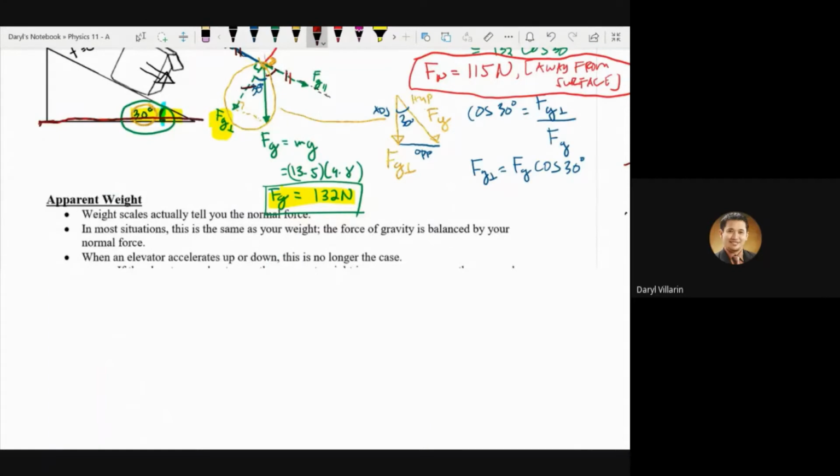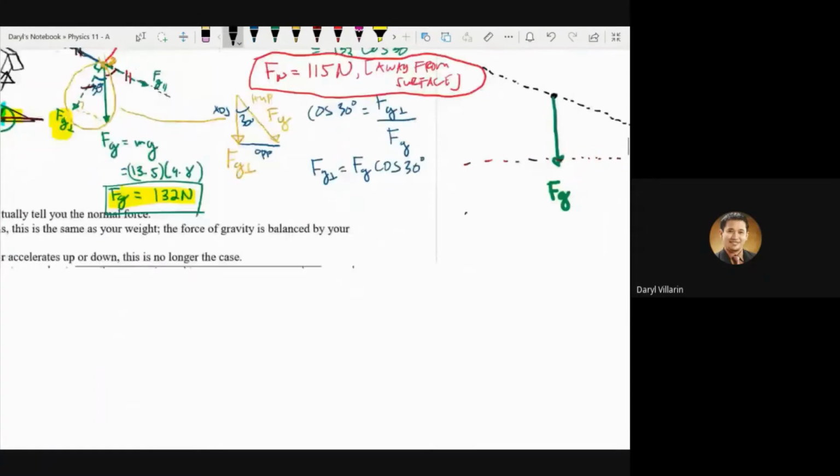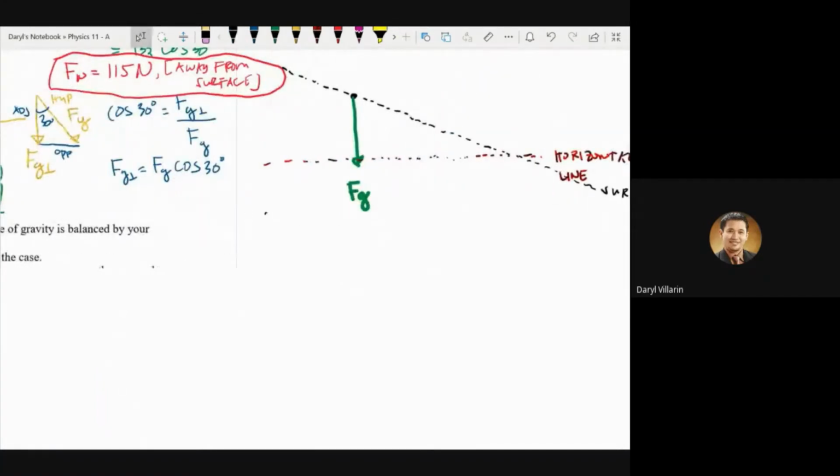Then the surface is just represented by the black line. So this is your surface, and the angle is given by 30 degrees between the horizontal line and the surface. So this is your 30 degrees here.